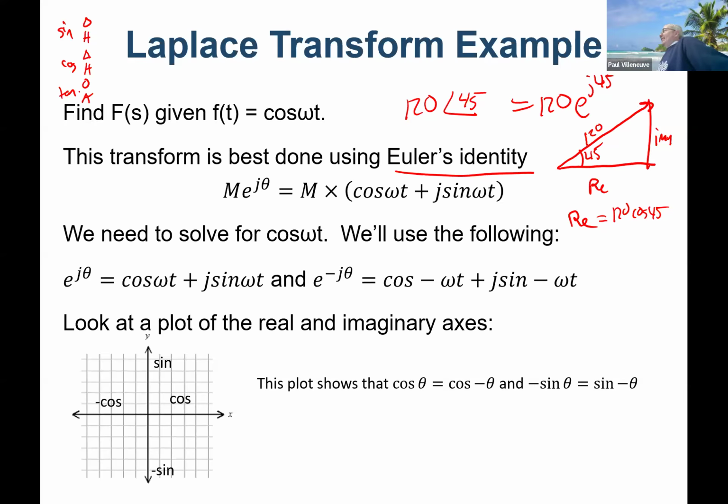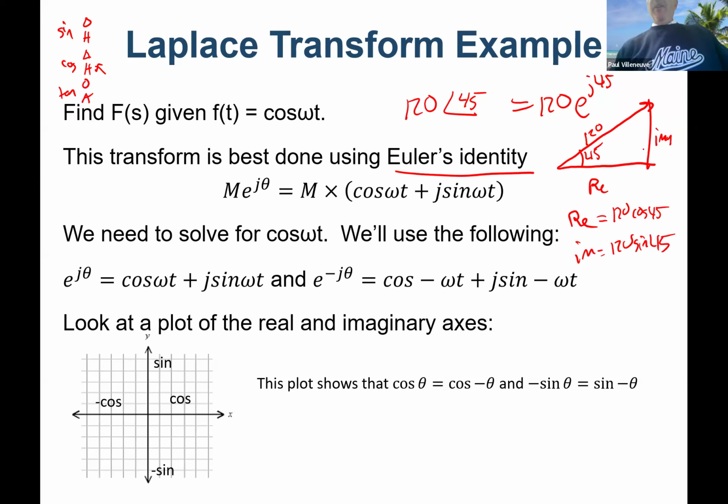But yes, the cosine of 45 degrees is equal to the adjacent over the hypotenuse. Isn't the real part the adjacent of the angle? It's not the hypotenuse, it's the adjacent. So that's that term. The imaginary part is 120 sine of 45, right? That's the opposite over the hypotenuse.